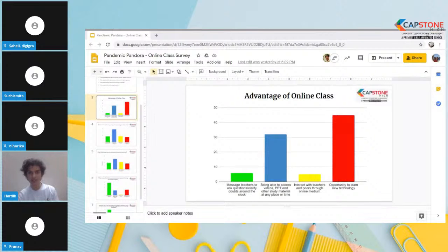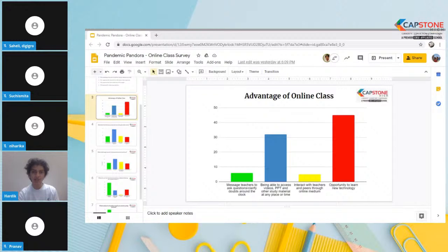Good evening. I'm Hardik Patel from grade 10 and I'm going to present some of our findings from the online survey. The first question that we asked our peers was what, according to them, is the most important advantage of the online classes. What is perceived as an advantage may vary from person to person and according to different perspectives of students.